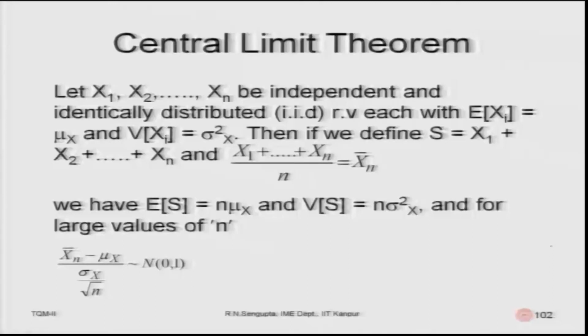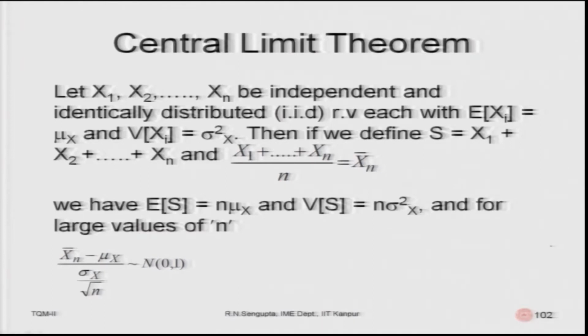Now, the central limit theorem. Let x1 to xn be independent and identically distributed (IID) random variables, each with expected value of xi equal to mu x, and the variance for each of them being sigma squared x.